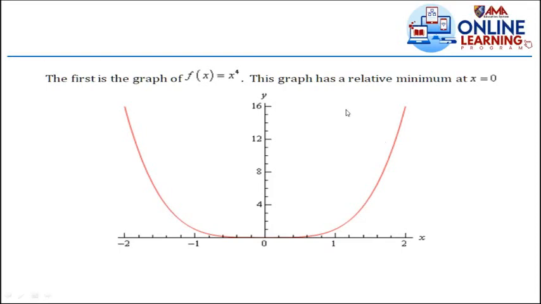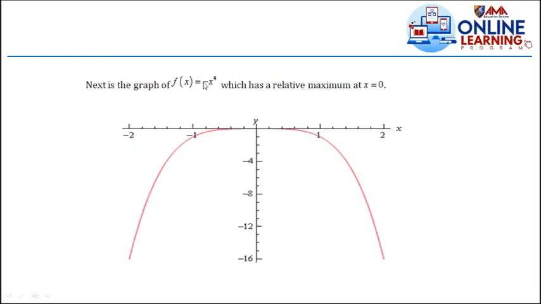It says this graph has a relative minimum at x equals 0. Here it is. So here we have no absolute maximum, because there is no endpoint. Okay? Although we are going to emphasize the relative minimum here. Next is the graph of the function f of x equals negative x to the fourth.